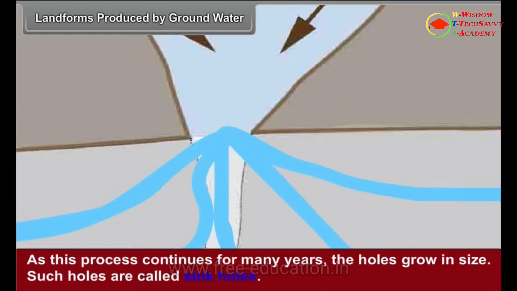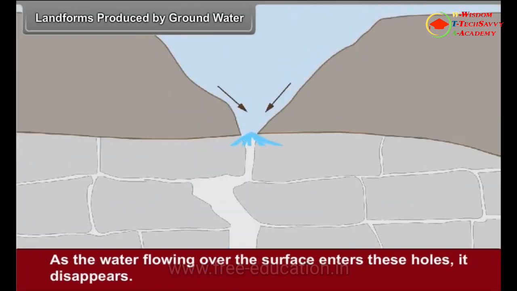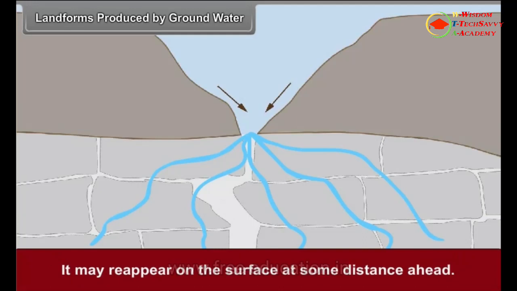As this process continues for many years, the holes grow in size. Such holes are called sinkholes. As the water flowing over the surface enters these holes, it disappears. It may reappear on the surface at some distance ahead.